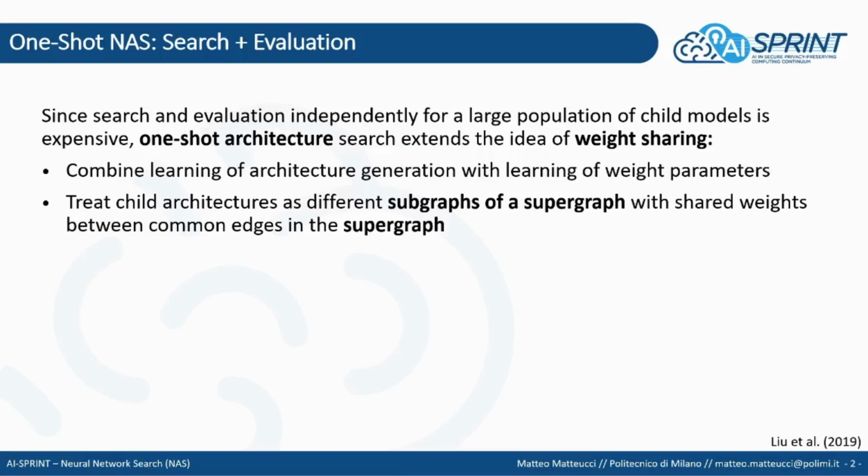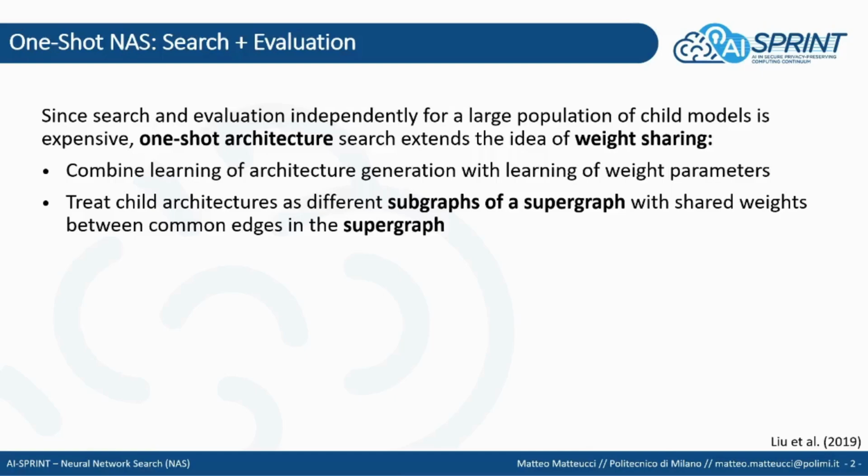So instead of training a cell, evaluating this cell, generating a new cell, evaluating this new cell, and throwing away all the results, what they do, especially one-shot neural architecture search, is combine the learning of the architecture with the learning of the parameters.